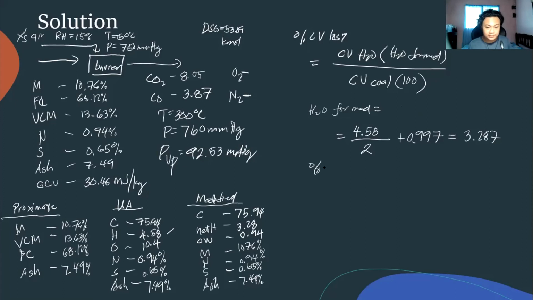So, you have CV lost, the 3.287 kmol. So, I'll just transform this to moles. Diba? 44.01 kilojoules per mole.